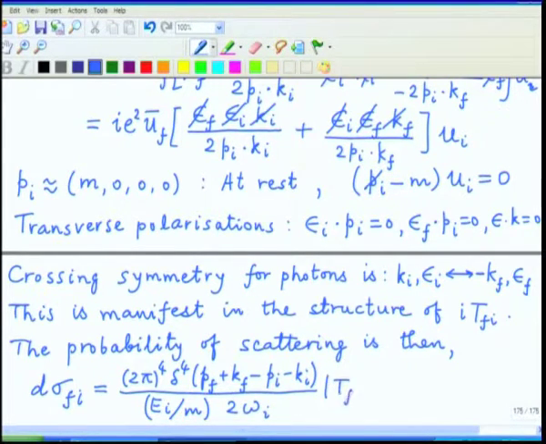Then there is a factor of |T_fi|^2, and then one has to now include the final state differential volume elements for the electrons and for the photons.